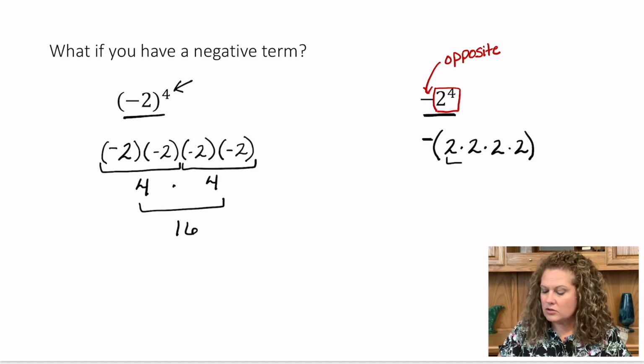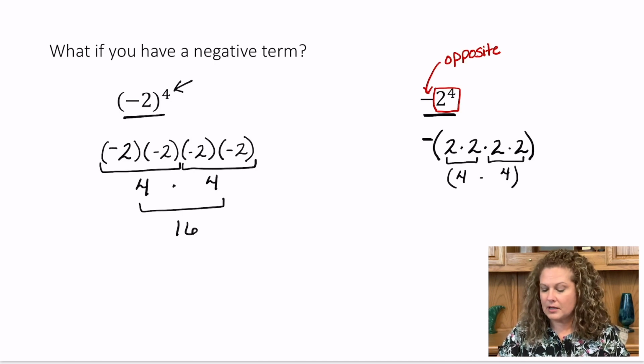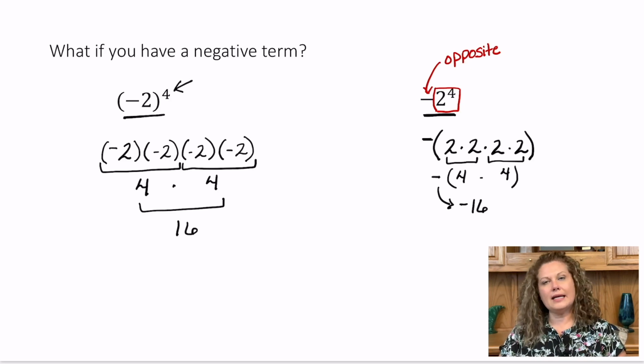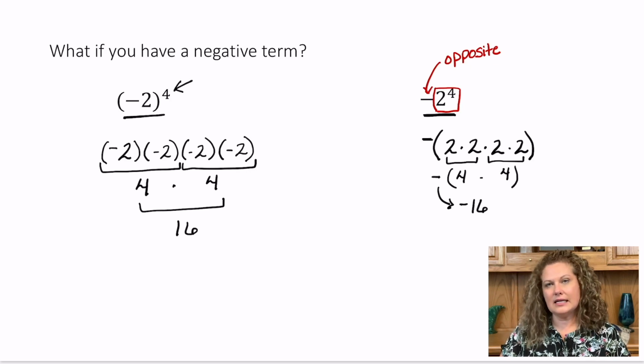So again, I'm going to use associative property. 2 times 2 is 4. Second group, 2 times 2 is also 4. I'm going to hang on to my parentheses. Don't want to lose that because that means I could lose my negative. 4 times 4 is 16. I'm going to bring that negative down. So my answer for negative 2 to the fourth power is negative 16.